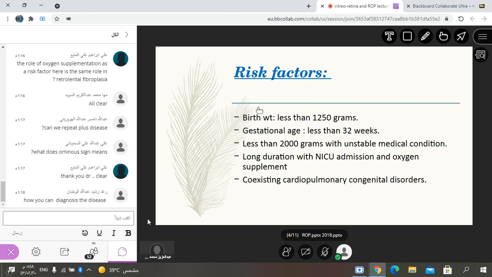If the birth weight is less than 1,250, if the gestational age is less than 32 weeks, if the weight is less than 2,000 grams with certain conditions, if there is a long ICU admission with oxygen supplement although the age is more than 32 weeks, or if there are coexisting cardiopulmonary congenital disorders. So all of these are inclusion criteria for screening to rule out ROP.